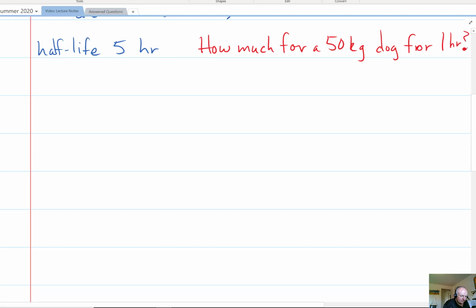Okay, so if we translated that, 50 times the 45, that's going to give us the amount we've got to have in order to keep the dog asleep. So we've got to have at least 2250 milligrams of the drug in the bloodstream.